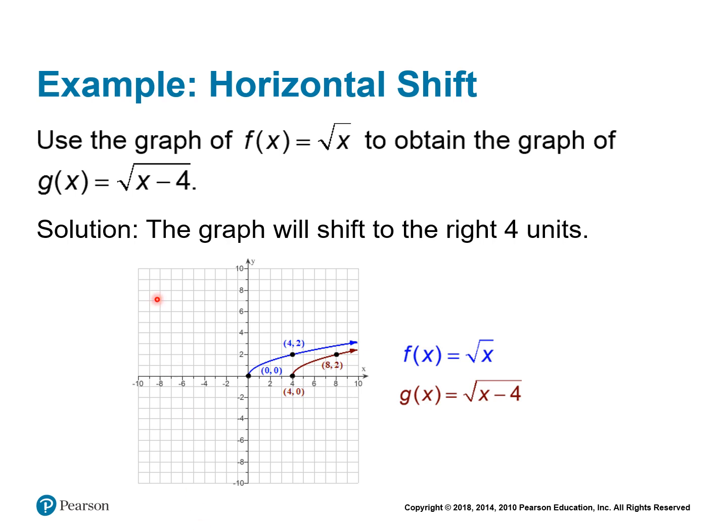It says here, use the graph of f of x equals square root of x. So this is a square root function, to obtain the graph of g of x equals square root of x minus 4.